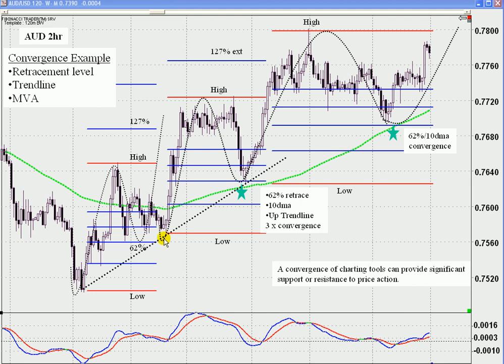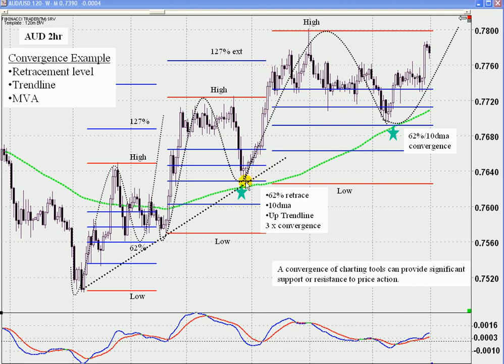Now if we move from this low to this high, so the bounce low here, from the bounce low to the most recent high, price retraces 62%, okay, 38, 50, 62%, as well as the 10-day moving average, and then price rallies and moves above the high, trades and holds above the resistance, becomes support, and extends to the 127% extension.